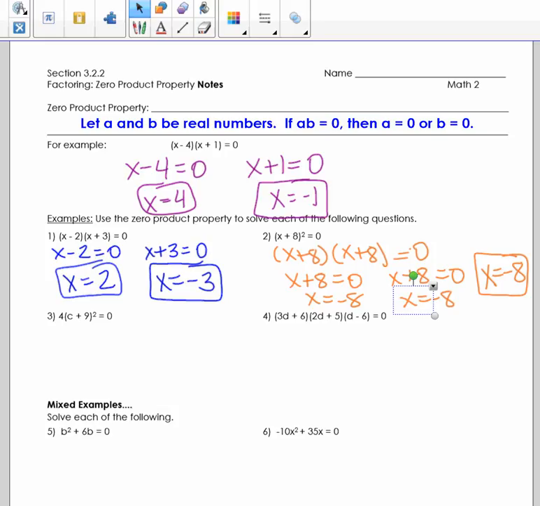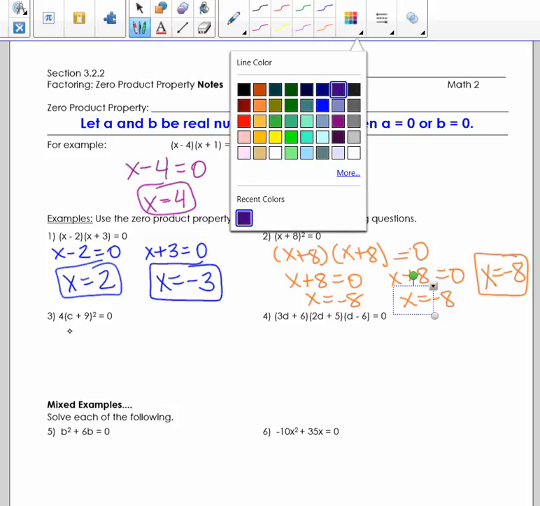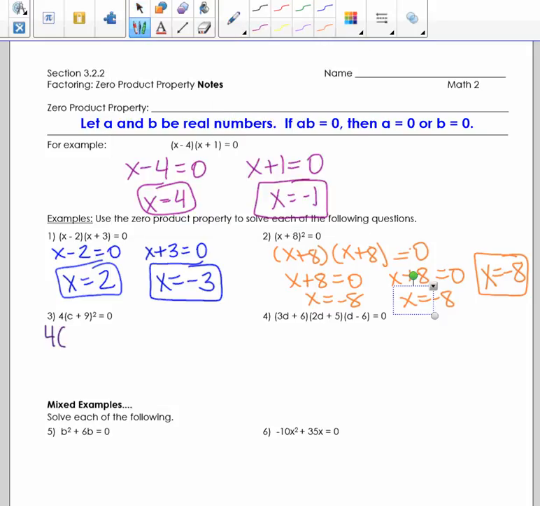For number 3, you're technically multiplying 4 times c plus 9 times c plus 9 equals 0. The three things you're multiplying together are the 4, the c plus 9, and the c plus 9. Any one of those three could be 0 to make this a true statement.